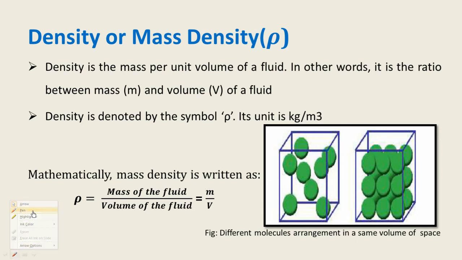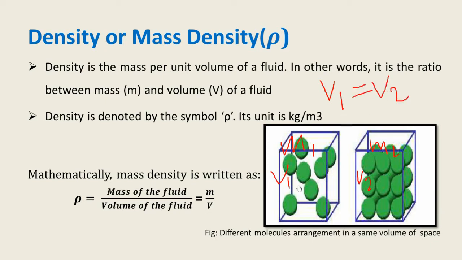For defining density, we have two containers here. This is a volume v1, and this is a volume v2. You can see here mass is different, we'll assume m1, and here mass is also different, that is m2.